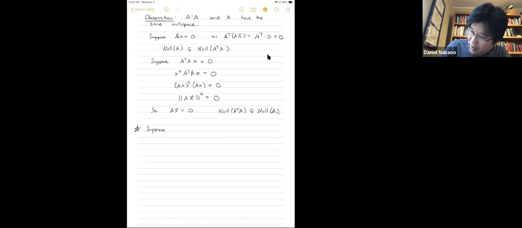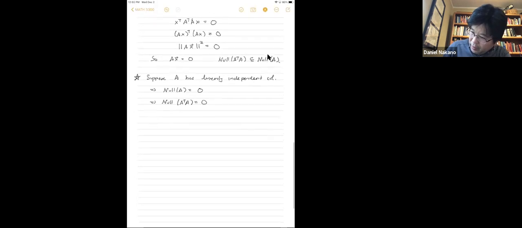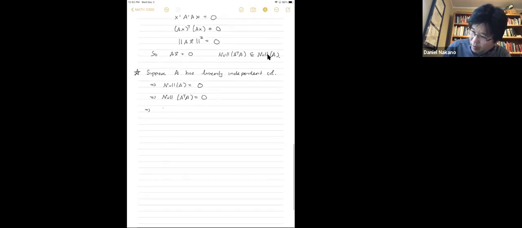Suppose A has linearly independent columns. This means that the null space of A has to be 0, which implies the null space of A transpose A has to be 0, and this implies that A transpose A is invertible.